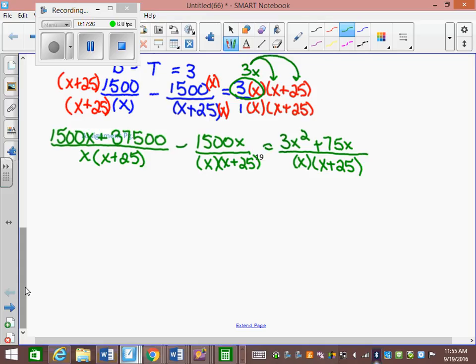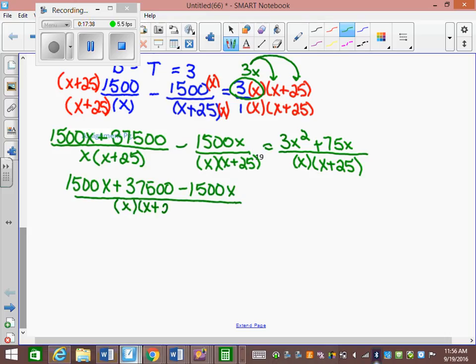Now we're going to go 1,500 plus 37,500 minus 1,500x over x plus 25. So 1,500x is canceled, and then I get that my numerators are equal to each other.